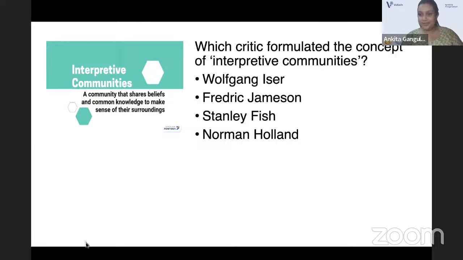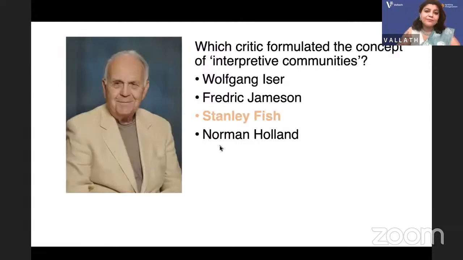Interpretive communities is the idea that the community we belong to gives us strategies of interpretation. So doctors may read a novel in a particular way, while teachers might read the same novel in another way. So it is by Stanley Fish. Affective stylistics was an earlier term by Stanley Fish.